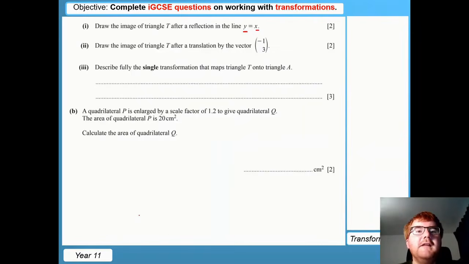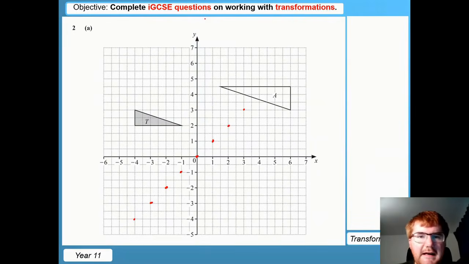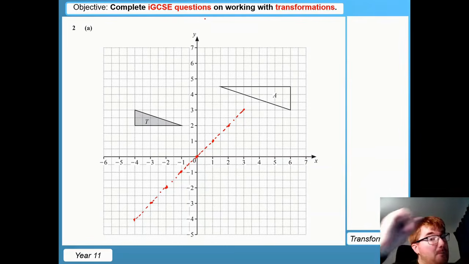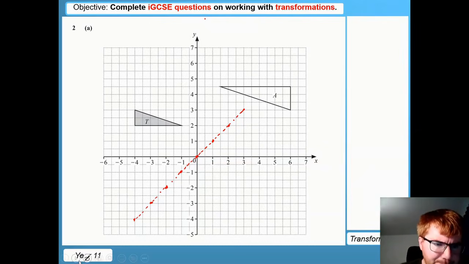And we are reflecting triangle T. So we're focusing on that. I'm just going to draw in this line just so we've got something to work with here. And when you have a diagonal line, one of the best strategies in the exam is to actually turn your page to make it a horizontal or vertical line, because it will make this next process much easier.